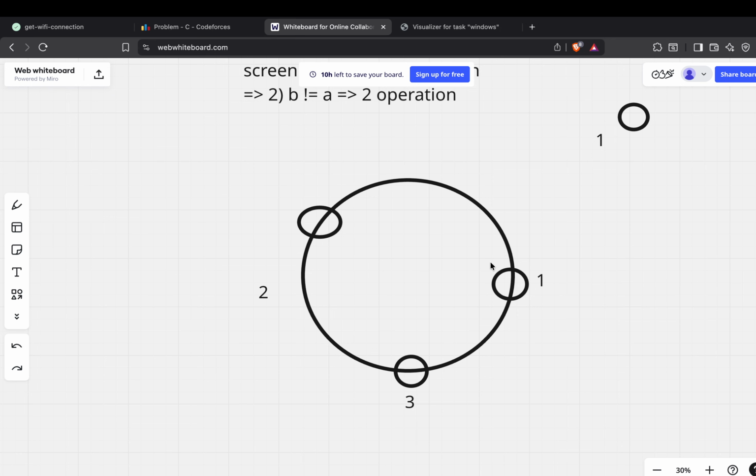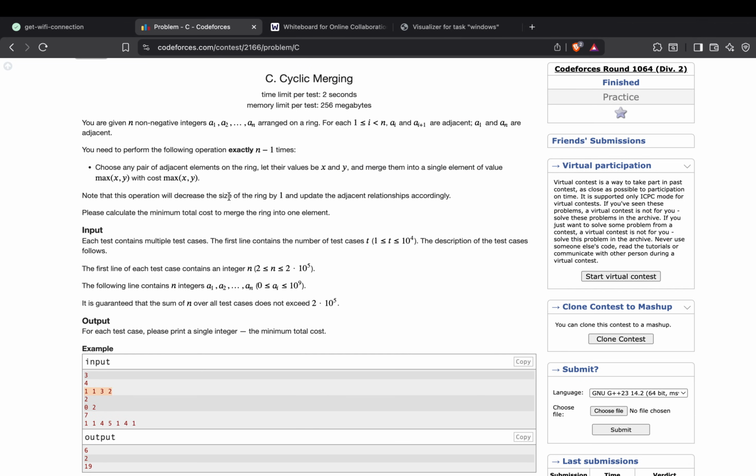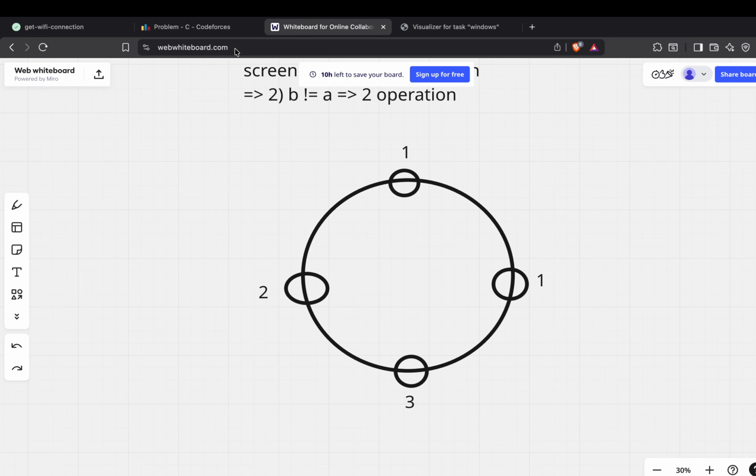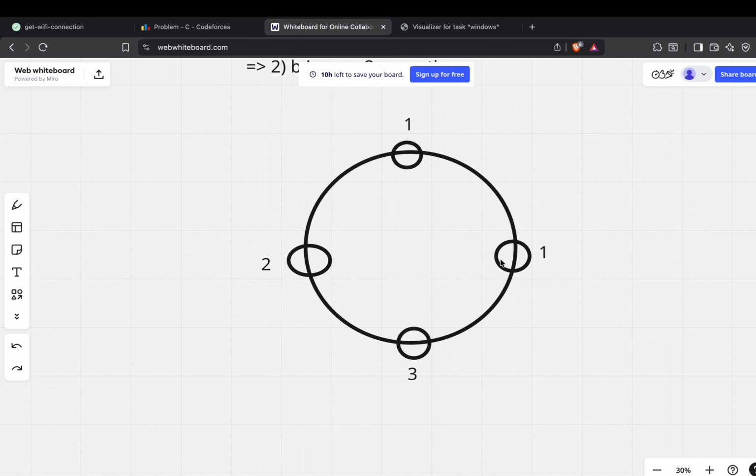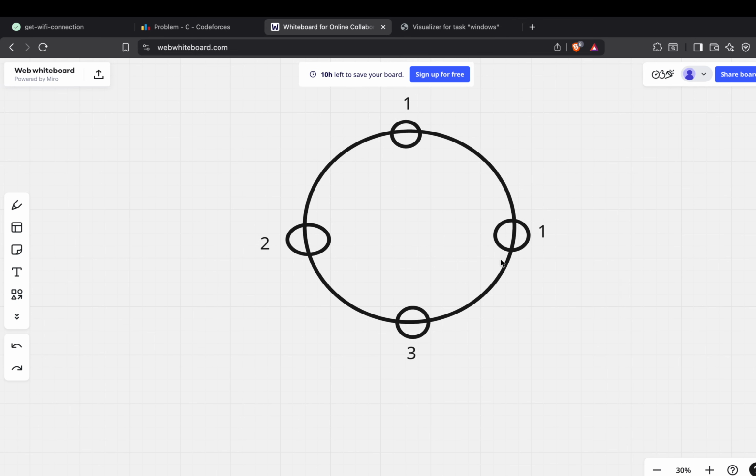So this is what the question says. Now we need to remove elements, decreasing the size of the ring to 1, with exactly n minus 1 operations. So n minus 1 nodes are removed, only one element remains at the end, and we need to output the minimum total cost to remove n minus 1 elements.